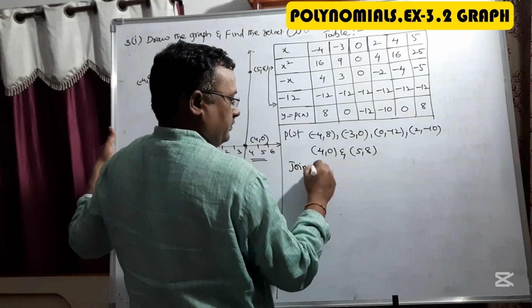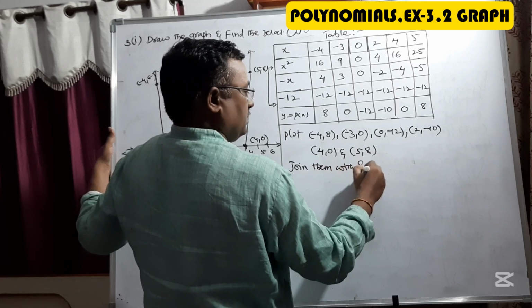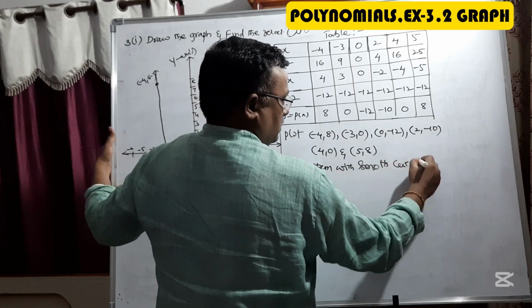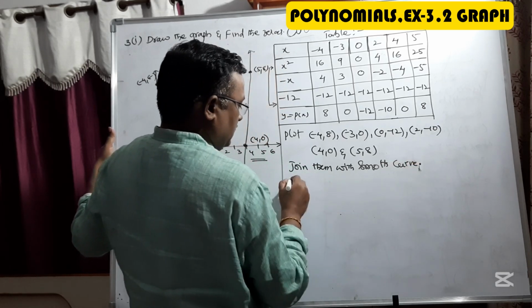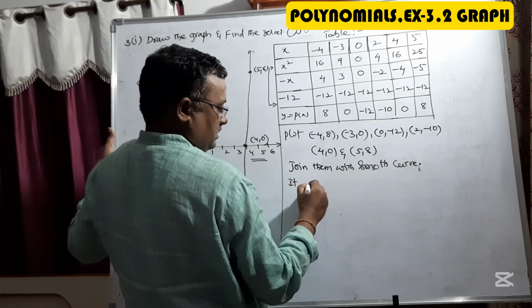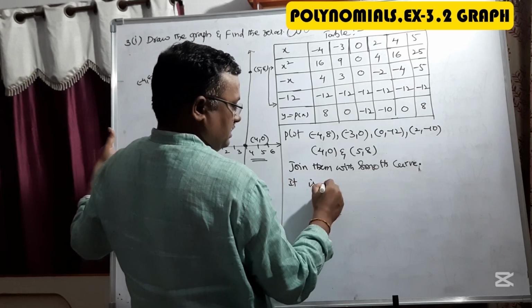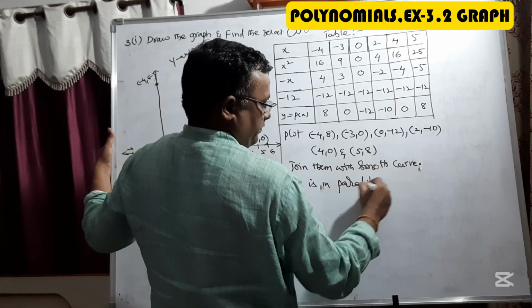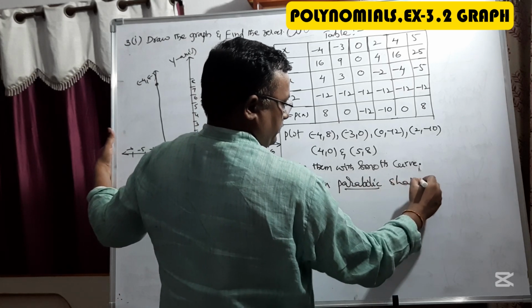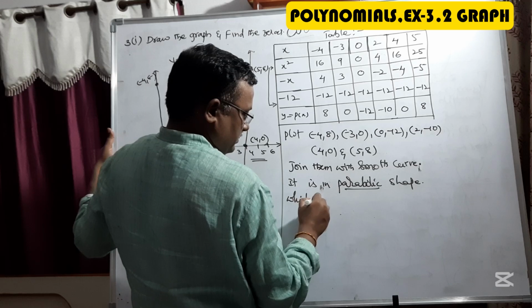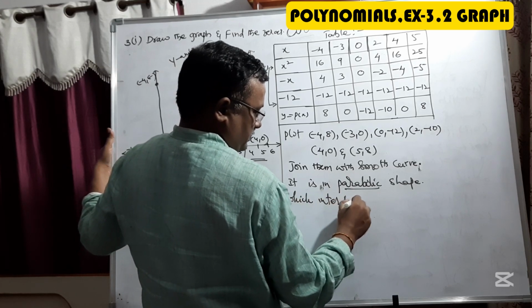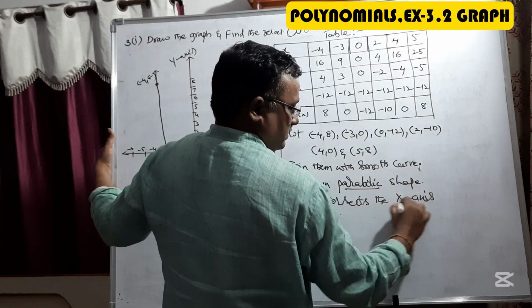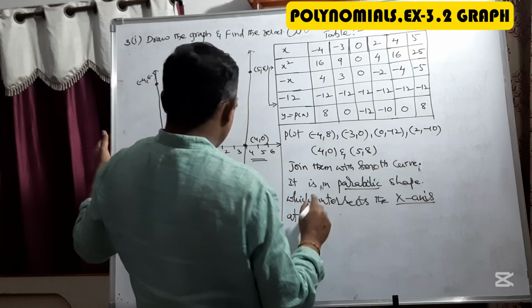Join them with a smooth curve. It is in parabolic shape, which intersects the x-axis at, what is the first point?